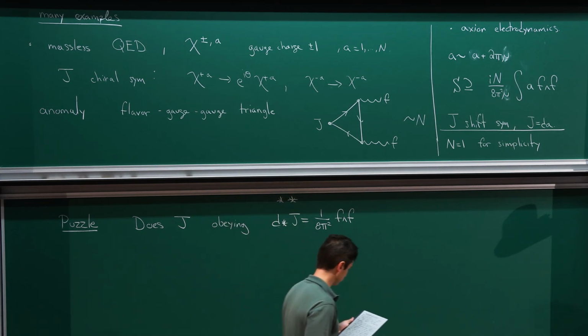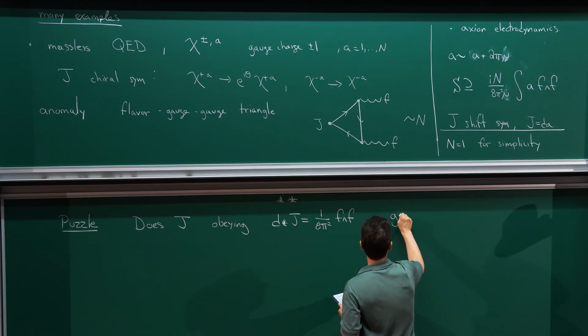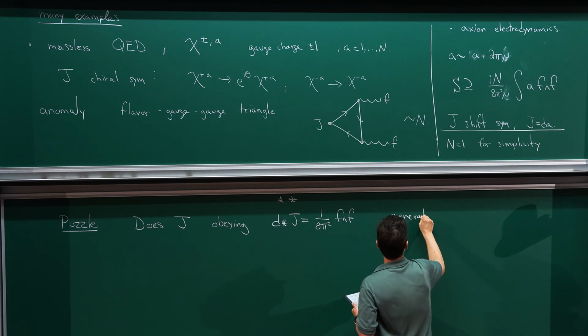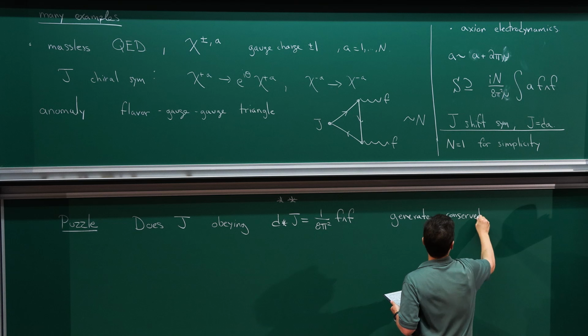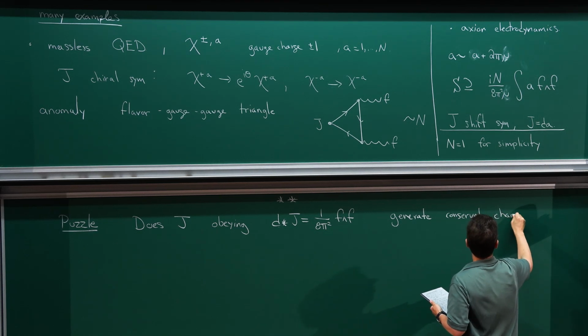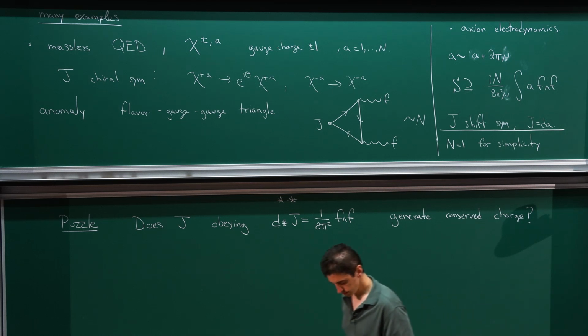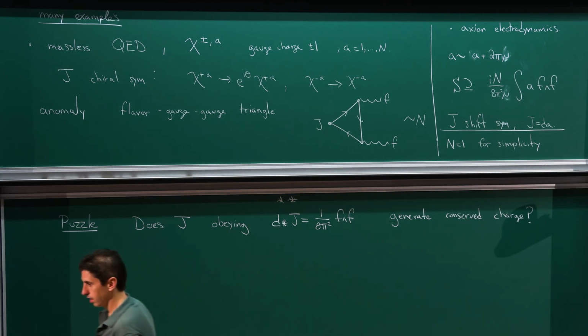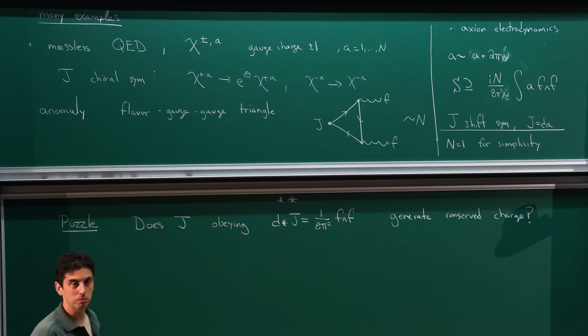We'll keep coming back to it. Does J obeying that generate a conserved charge? Depending on your point of view, you may adopt several answers to this question, and each of them seem reasonable. That's why there's a puzzle.